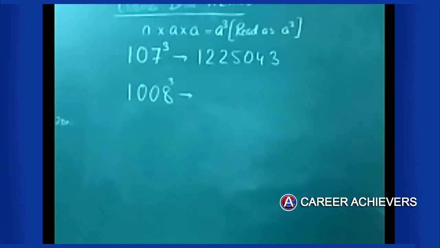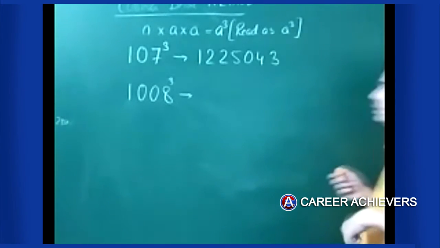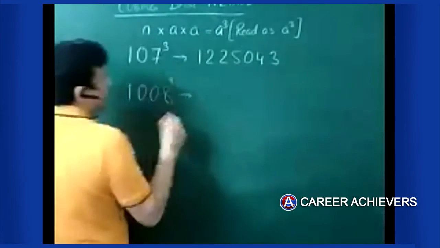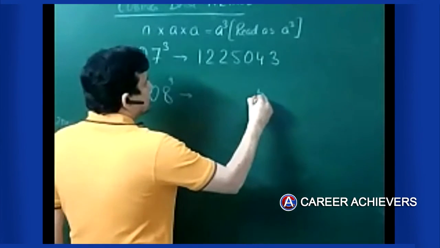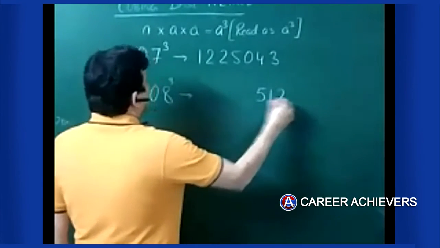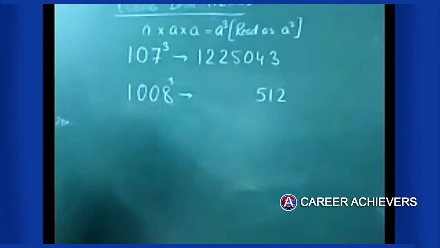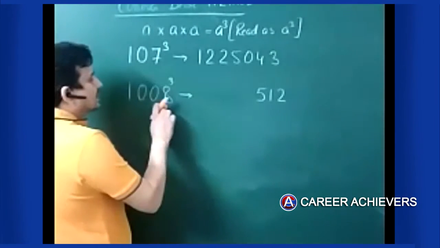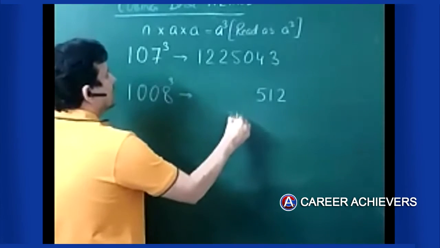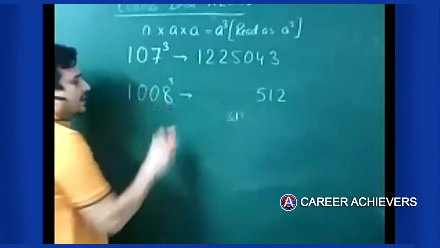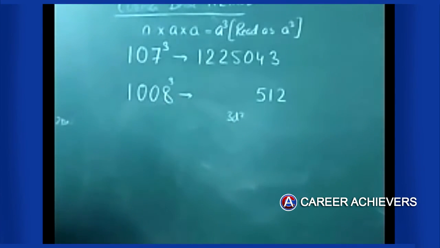Okay, I will do it for you. Not an issue. Look here. This is 8 cube. First step is 8 cube, which is 512. You are allowed to write 3 digits. So the 512 part is over. Now the second step is 3d square. d is 8. 8 square is 64. 64 times 3 is 192.